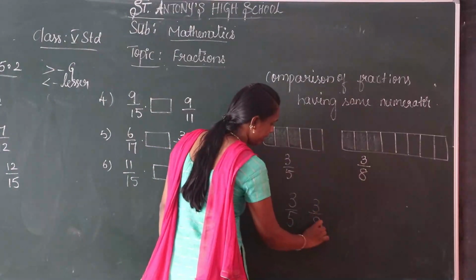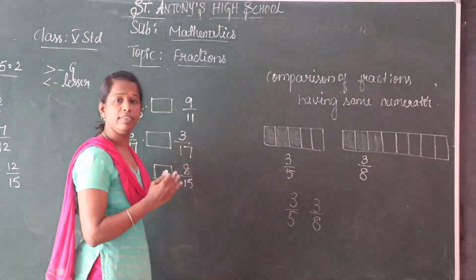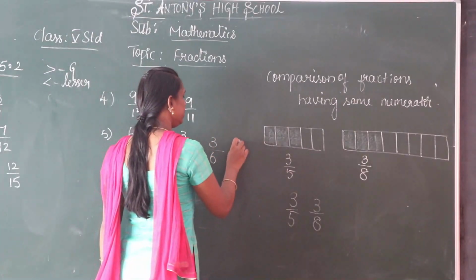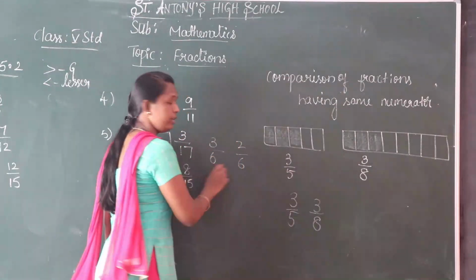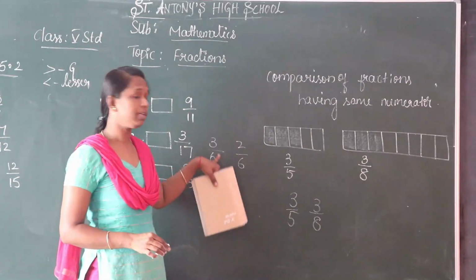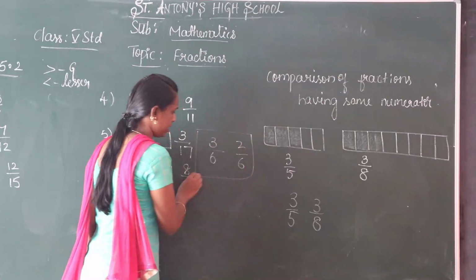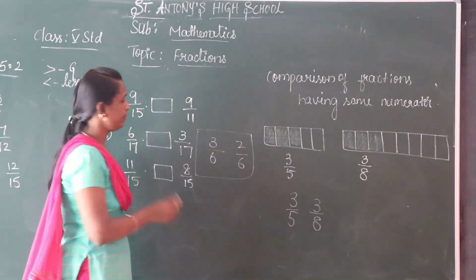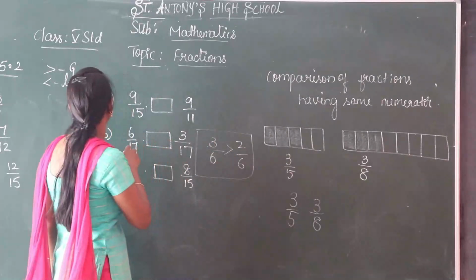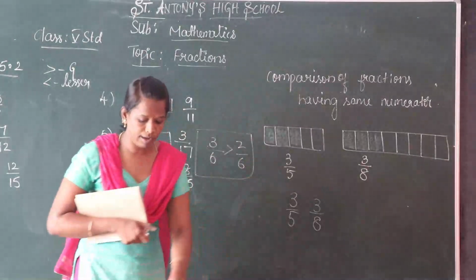If you take the same denominator, for example 3 by 6 and 2 by 6, the denominator 6 is the same but the numerators are different. Comparing these two fractions, which is the greater number? Obviously 3 is the greater one, so write the greater than symbol. 2 is the smaller number.